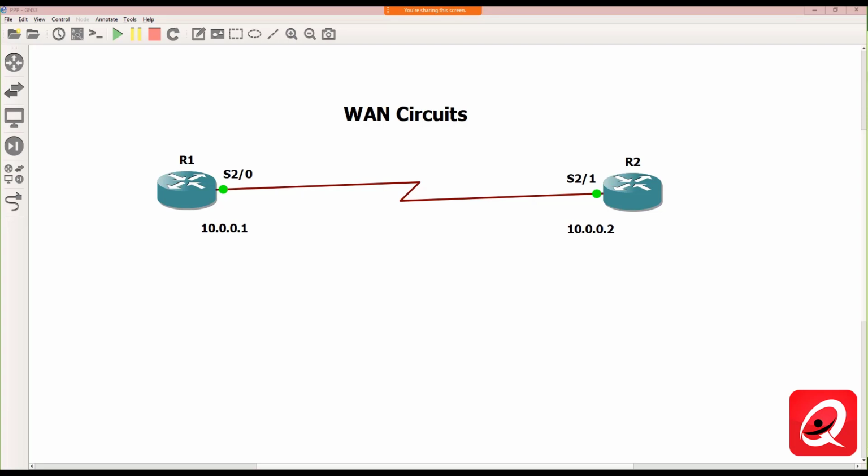PPP is actually a different type of transport protocol at layer 2. It does negotiation. It has authentication elements. We can run PPP over Ethernet, but we can't run HDLC over Ethernet. And it has a bunch of other miscellaneous features that simply don't exist inside of HDLC.